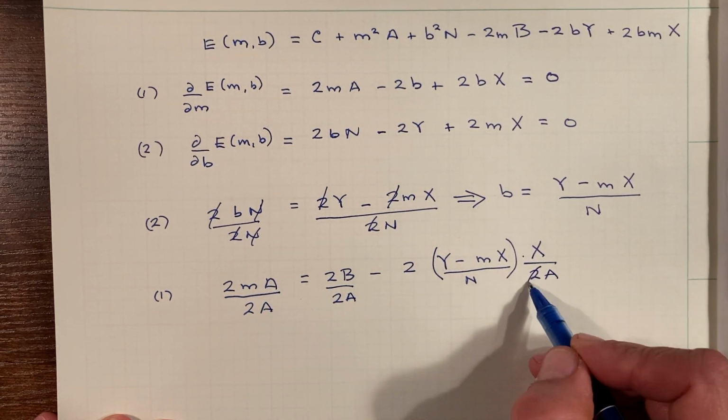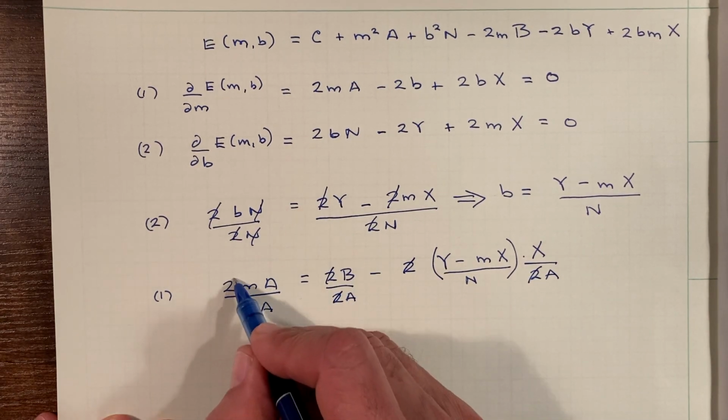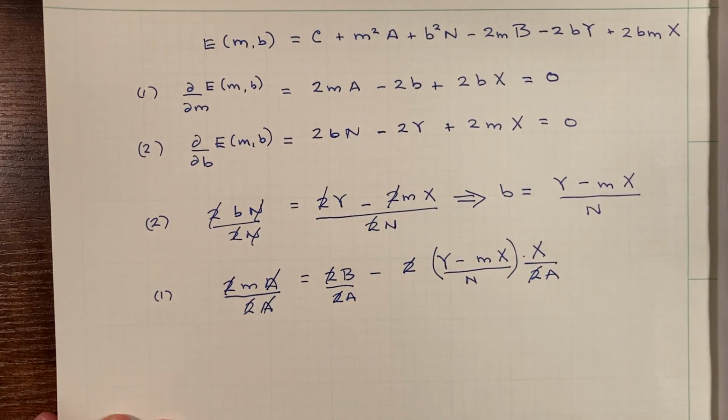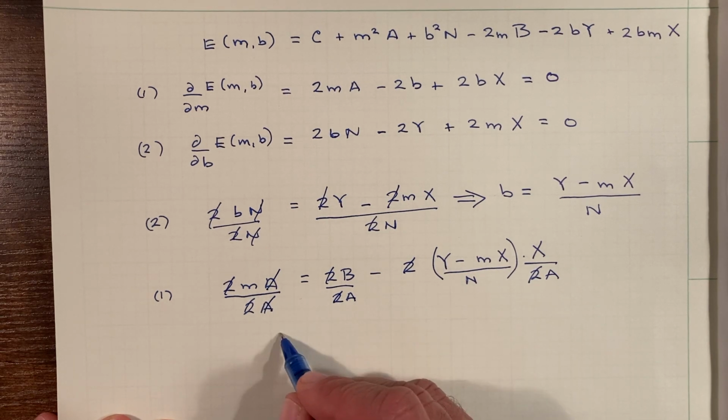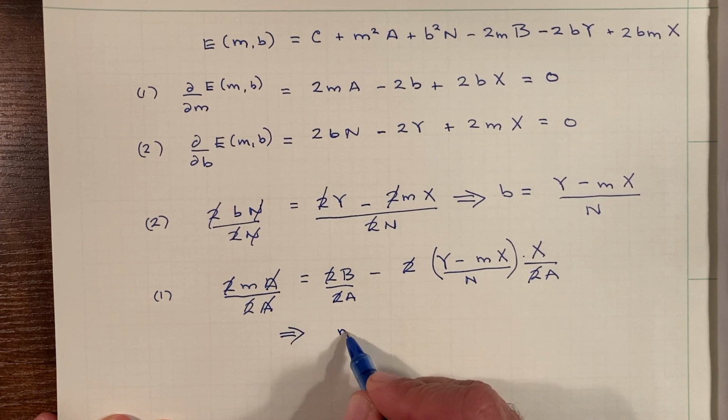And we do some cancellations. 2's cancel there, there, there, and here we can cancel the a. So this implies that we have an expression for m.